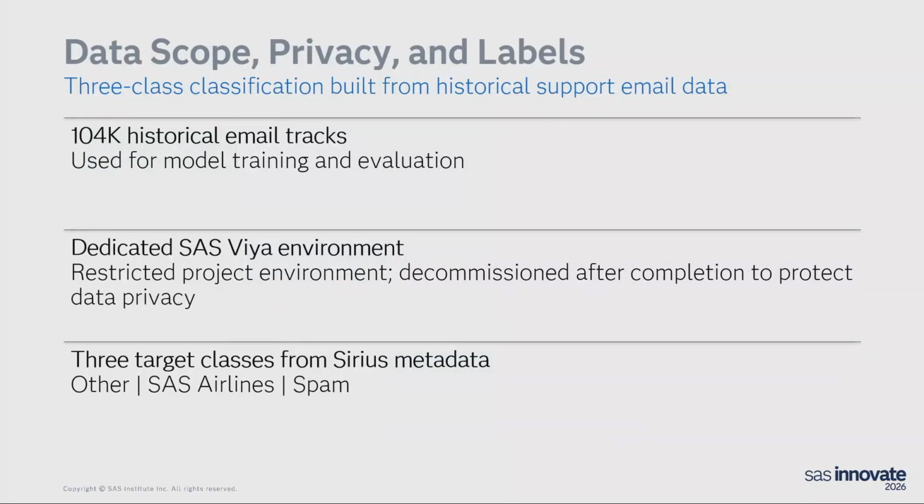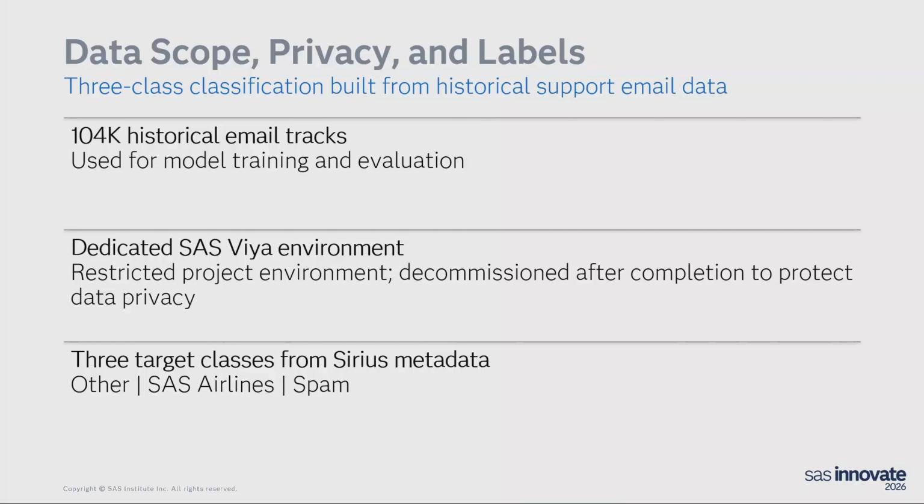For this work, we used historical support email data in a controlled environment. And we simplified the problem into 3 categories: spam, SAS airlines, and other, where the other category means a legitimate email request from the customer.